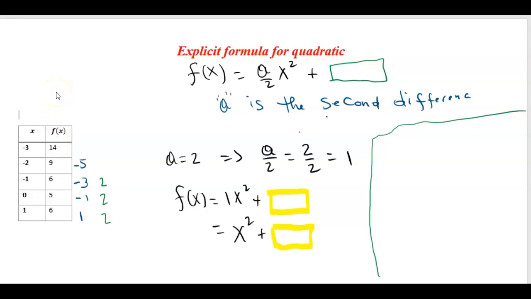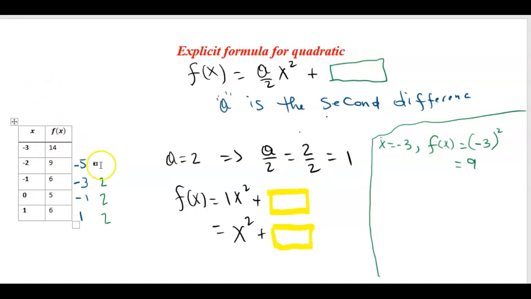If x equals -3, then we expect f of x to be equal to -3 squared, and -3 squared is 9. So negative 3 squared is 9, but we want it to be 14.